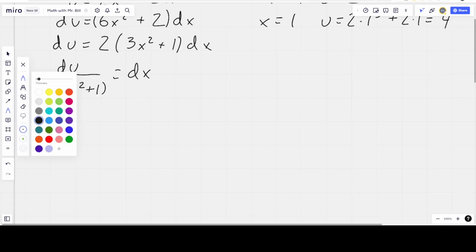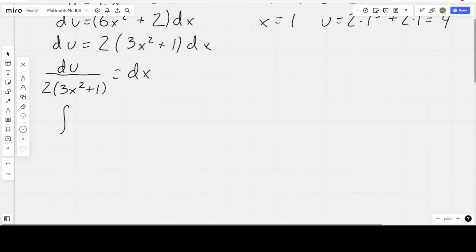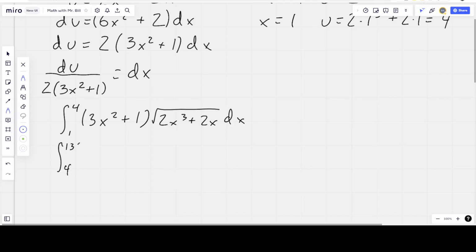So let me rewrite this here. Going from 1 to 4 of 3x squared plus 1 times the square root of 2x cubed plus 2x dx. Okay, let's do our substitution. So we've got our integral now. Instead of 1 to 4, we're going from 4 to 136.